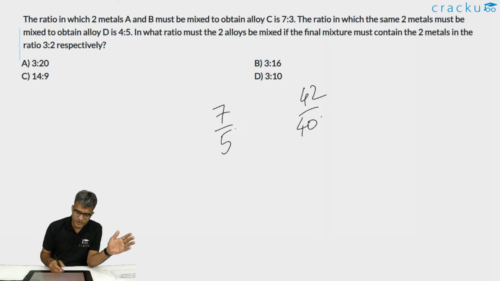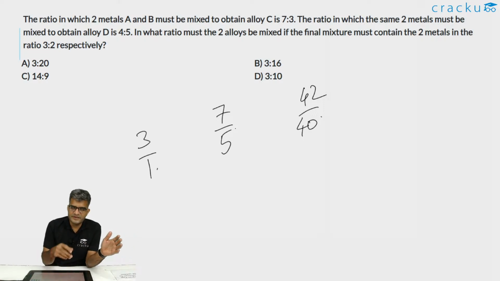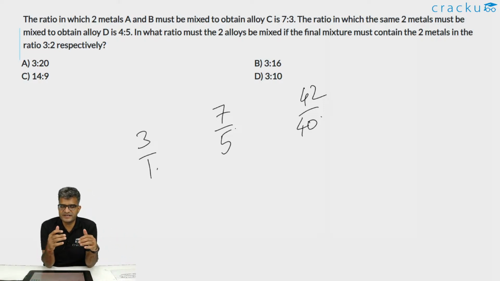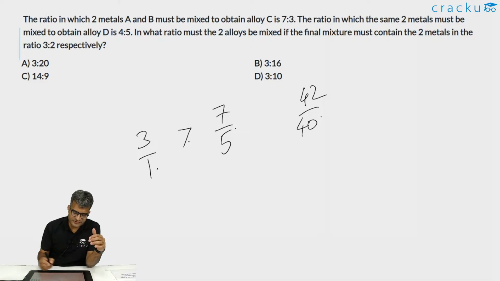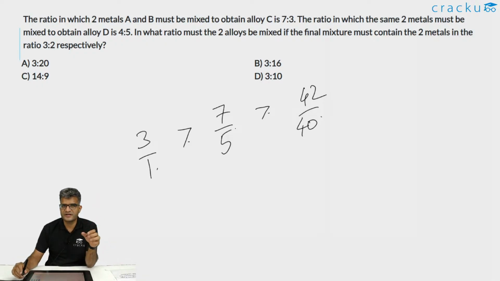One extreme towards it will be 3/1. Basically, in all of these cases, the numerator is greater than the denominator by 2. We know that 3/1 is greater than 7/5 because 3/1 is 3, 7/5 is 1.4. So then you can immediately put it this way. So 7/5 will be greater than 42/40. These are basically ways in which you understand the concepts. Don't mug up formulas just for the sake of it.